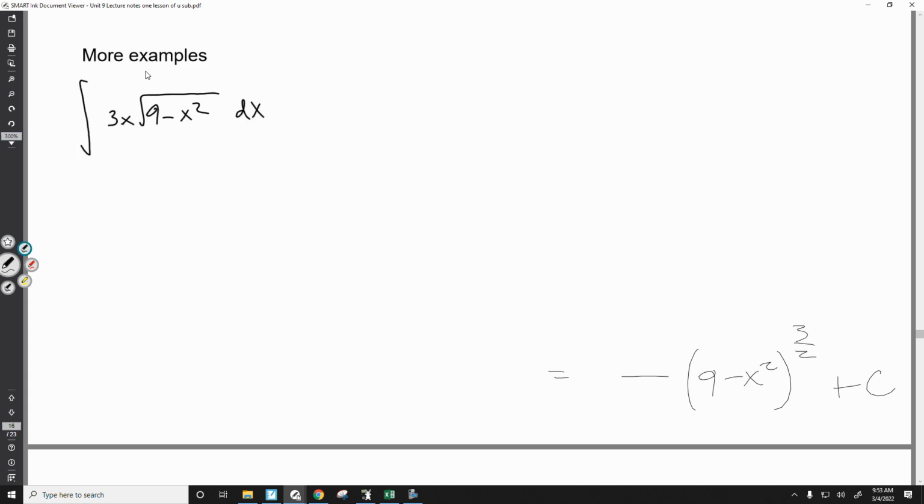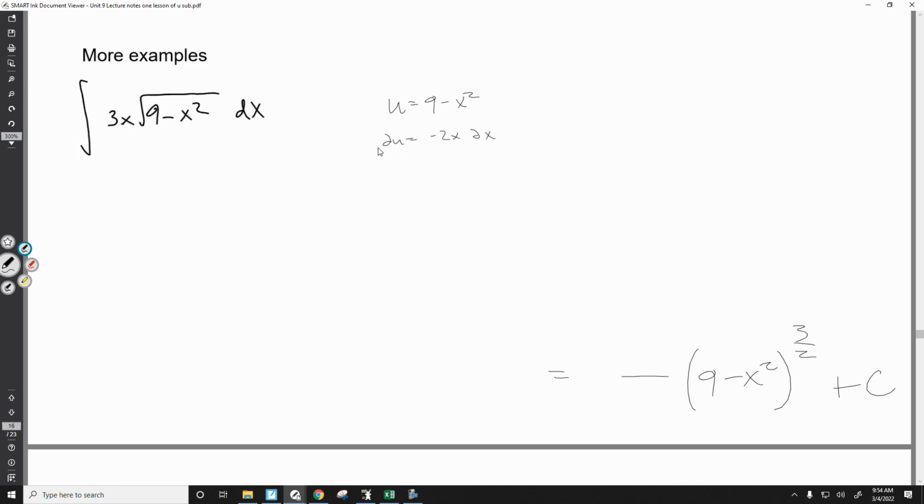Ready? Step 1, set u equal to the inside of the composition. Step 2, take the derivative of both sides, but leave it in differential notation. du equals negative 2x dx.